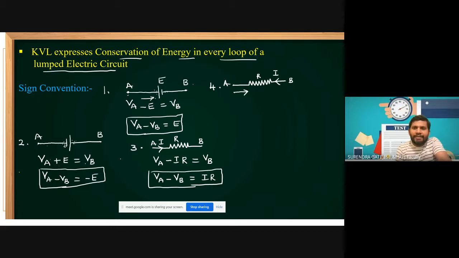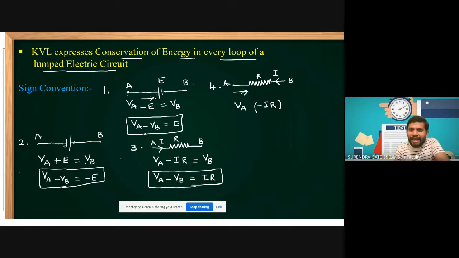The current direction is given like this, but I am applying the KVL on this path. Then this is VA. Actually, it is a drop. Drop means always you take minus IR. But we are taking this direction opposite to the current direction. Students, understand?